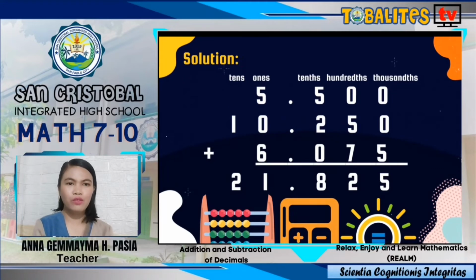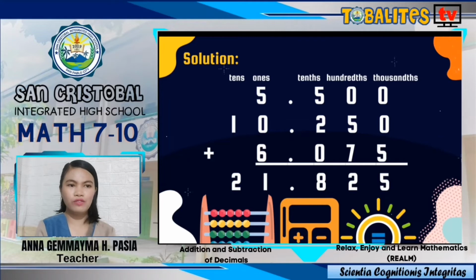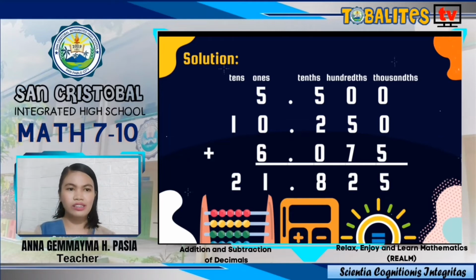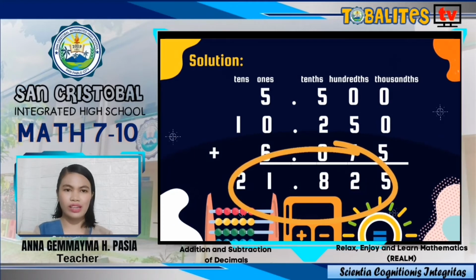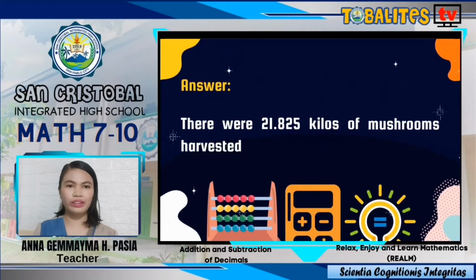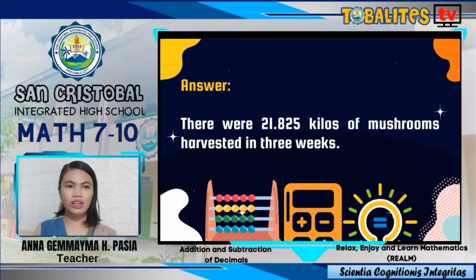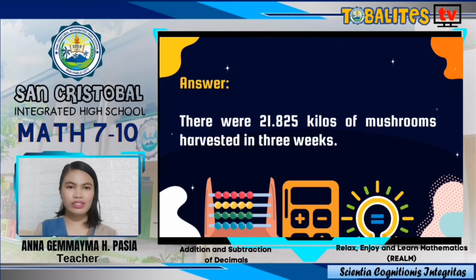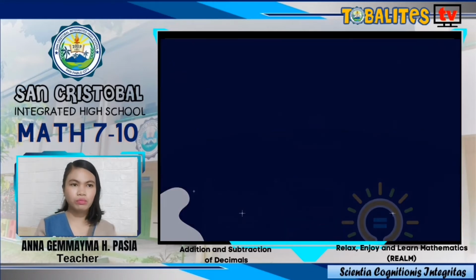Align the given vertically. 5.5 plus 10.25 plus 6.075. So the answer is 21 and 825 thousandths. The answer is there were 21.825 kilos of mushroom harvested in 3 weeks.